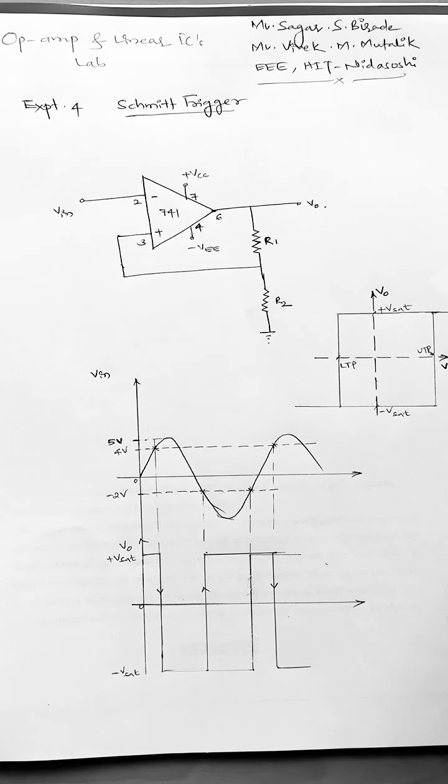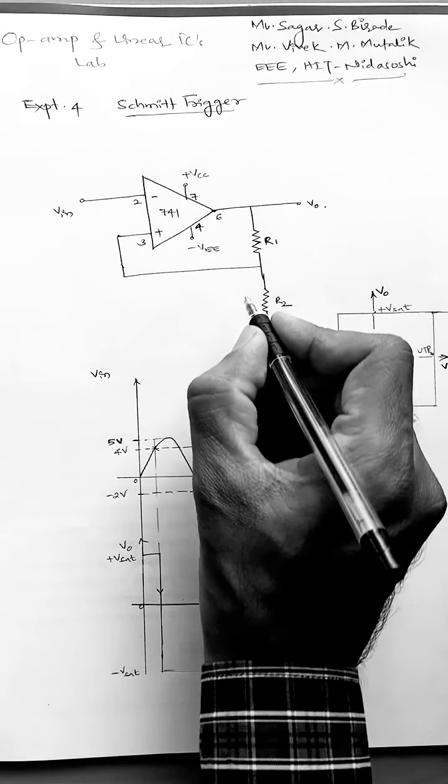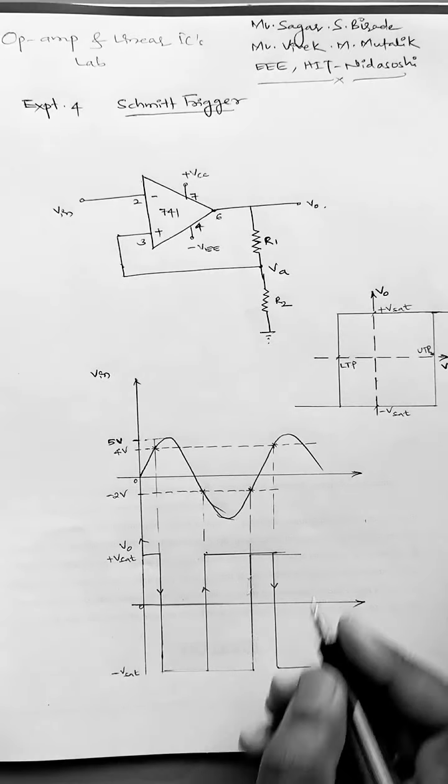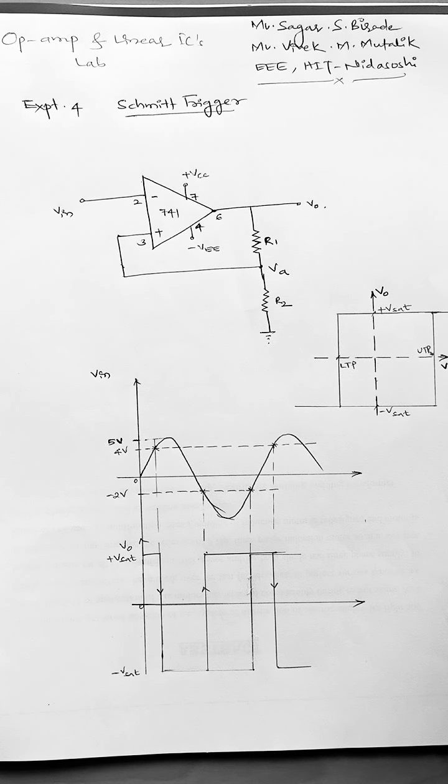Now the voltage across this resistance, I'll call it VA, will be our voltage value depending on what the output changes. The Schmitt trigger is also known as a regenerative comparator.